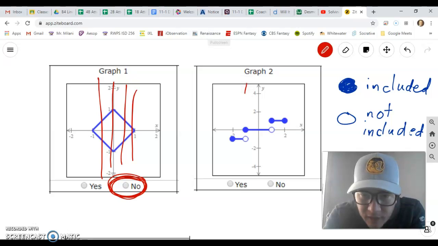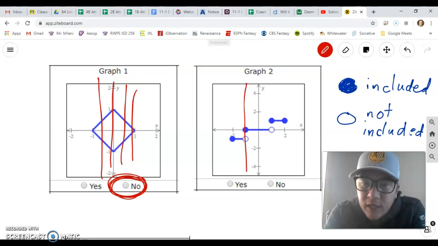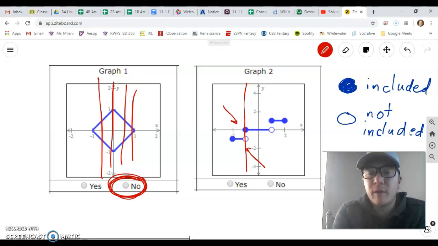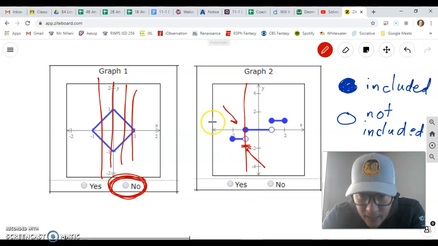some of us might think, yeah, right there, if I draw a vertical line, I'm hitting this point and I'm hitting this point. But since this bottom one is not included, that's not a point right there. Okay, that is not a point. What's actually happening is the only point for that vertical spot is right here.